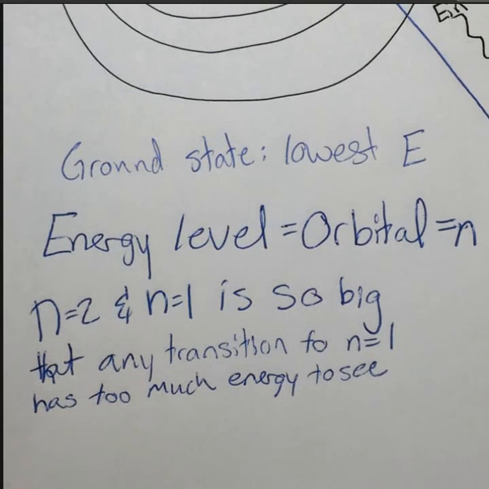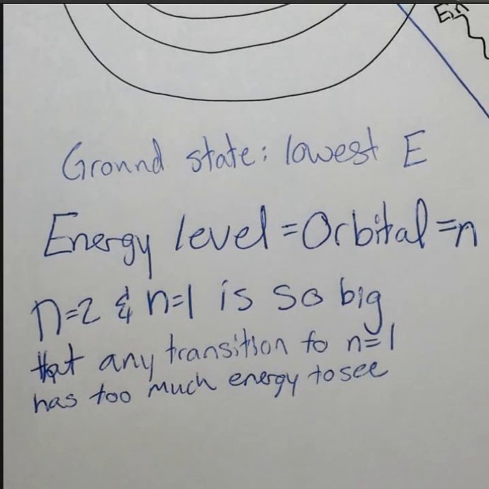We can't see it. When we look on our electromagnetic spectrum, we're talking about energy in the ultraviolet region, energy in the X-ray region. That's how much energy the electron has to give away to go back down to ground state. So sorry guys, every time you look at a hydrogen lamp emitting energy, some of that energy is going to be X-ray.